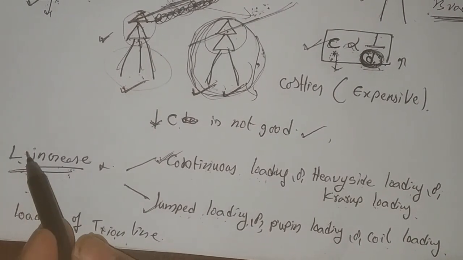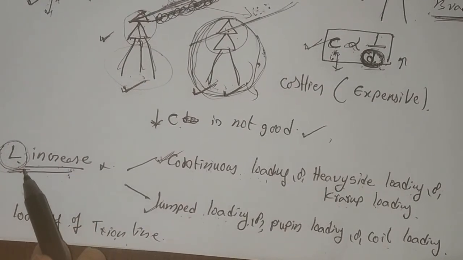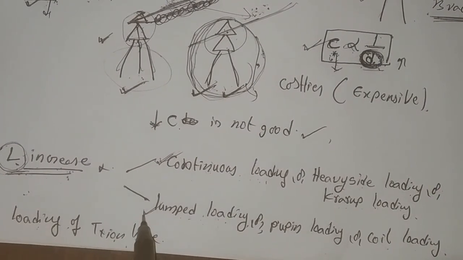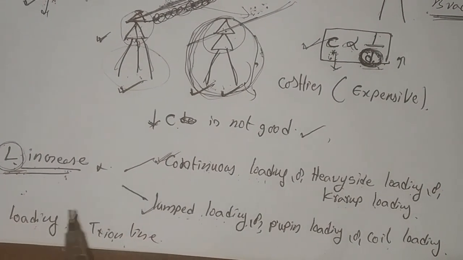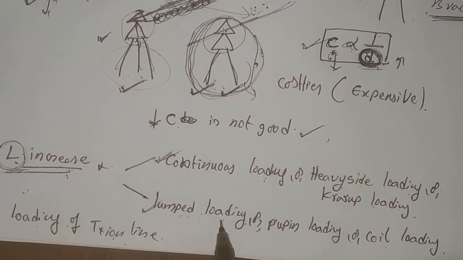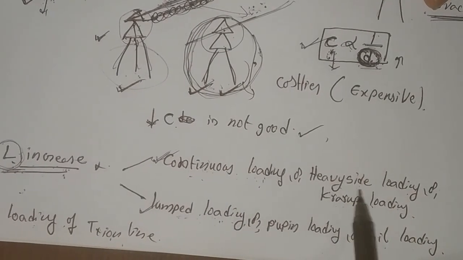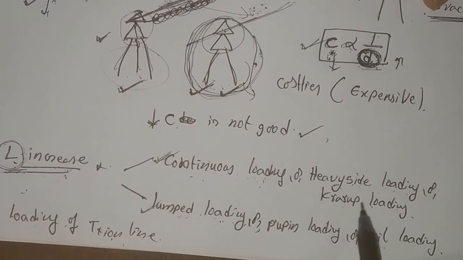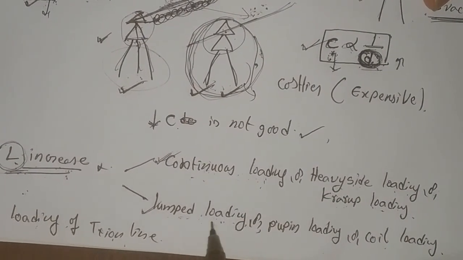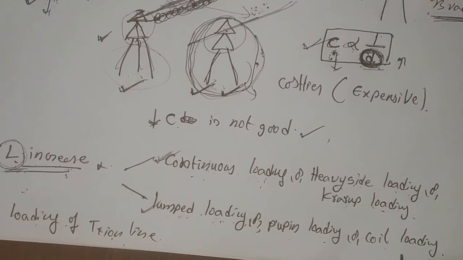Therefore, the addition of inductance in the transmission line path is nothing but the loading of the transmission line. Now these loadings are classified into two main categories. One category is continuous loading, and the second category is lumped loading. Continuous loading is also called Heaviside loading, or curve loading. On the other hand, lumped loading is also called Pupin loading, or coil loading.